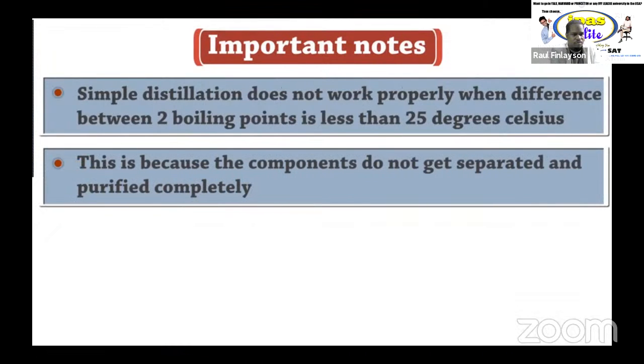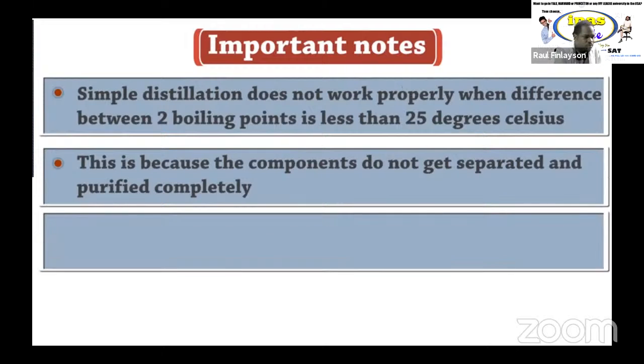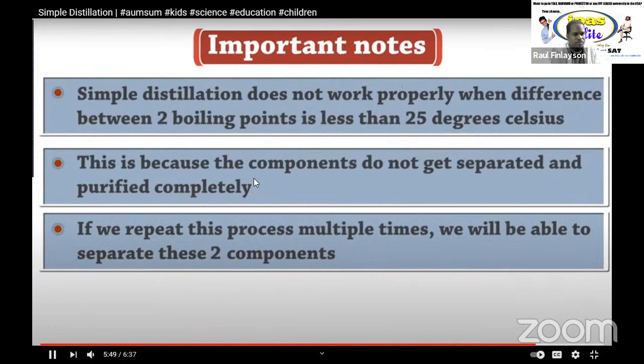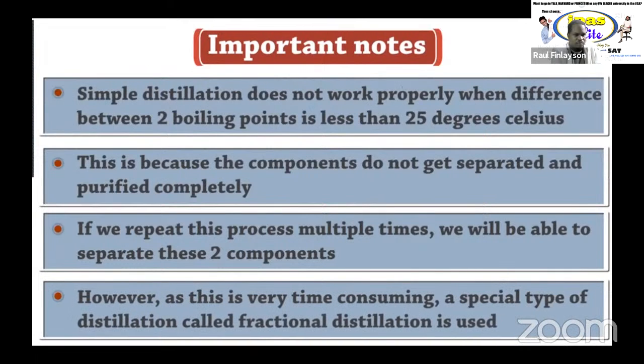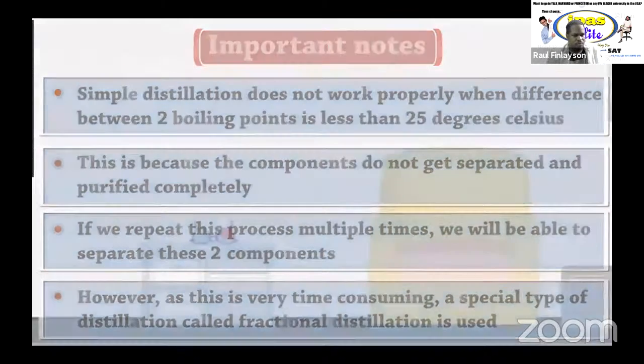This is because the components do not get separated and purified completely. If we repeat this process multiple times, we will be able to separate these two components. However, as this is very time-consuming, a special type of distillation called fractional distillation is used.